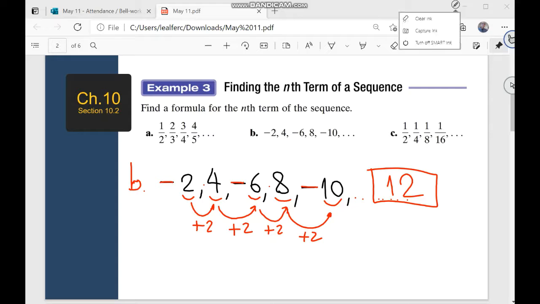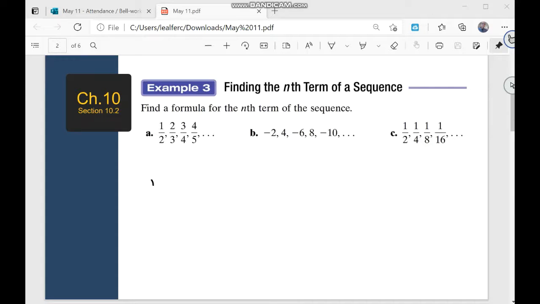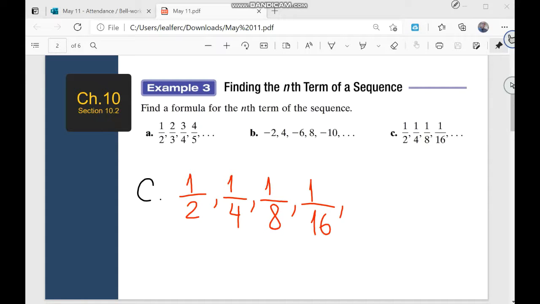Let's move. The last example. Let us see. 1 over 2, 1 over 4, 1 over 8, 1 over 16, and the next term is? Look only at the numerator first, and the numerator is 1, 1, 1, 1, and I can say the next is also 1.